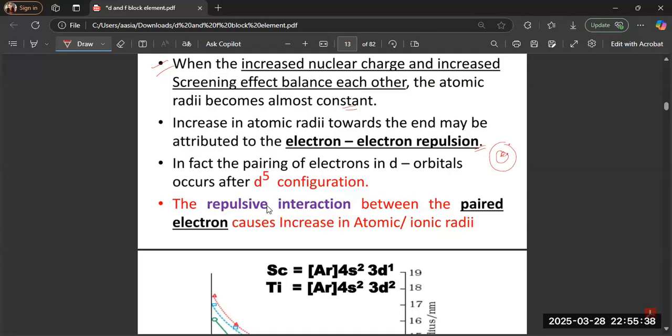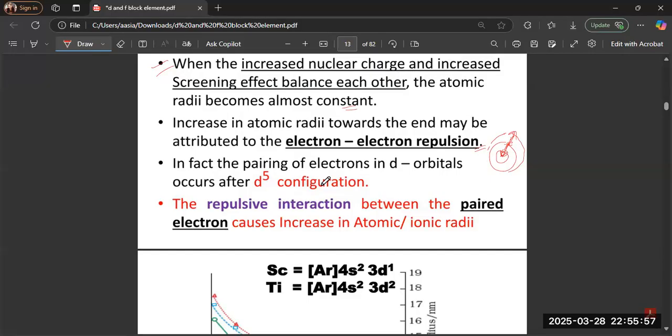In fact, the pairing of electrons in d orbitals occurs after the d5 configuration.